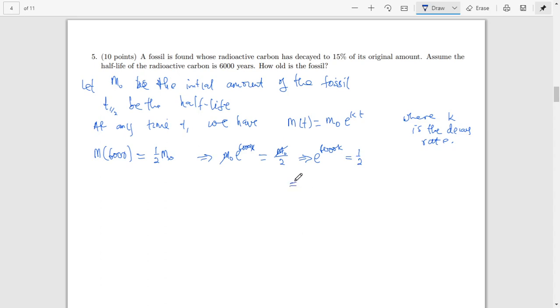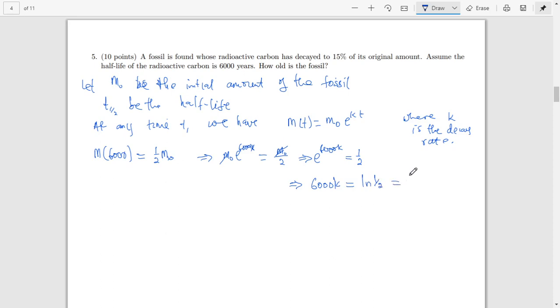To find k, we take the natural log of both sides. If you take the natural log of the exponential, it cancels out because it's the inverse. We just get 6,000k is equal to the natural log of 1/2.